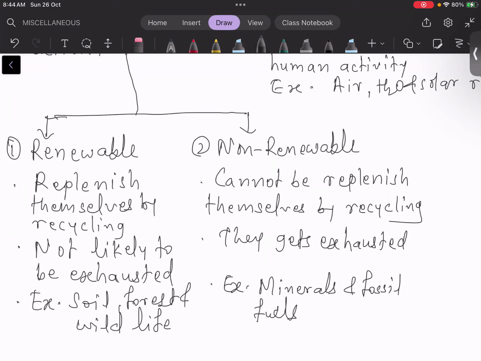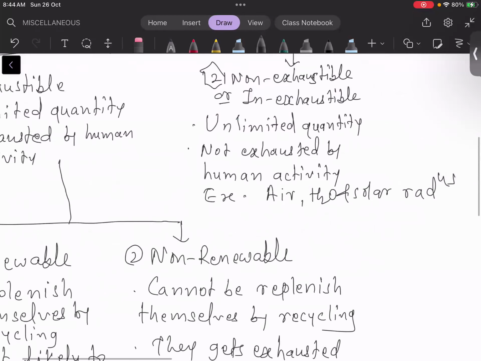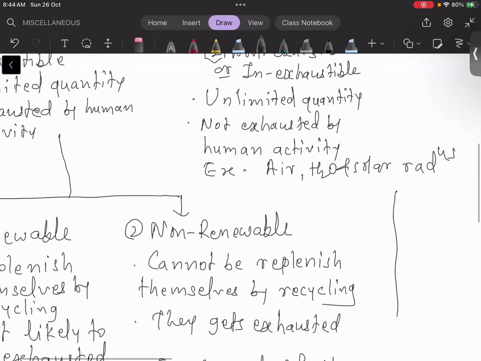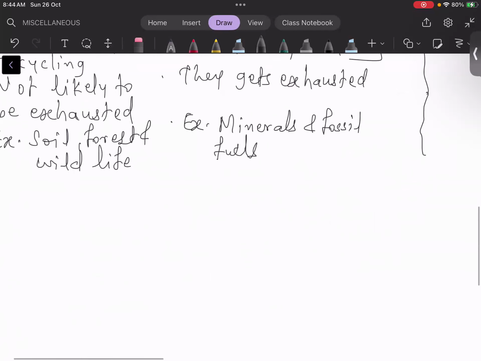Now, next: the use of exhaustible resources leads to various kinds of pollution. That is air pollution, water pollution, and soil pollution.